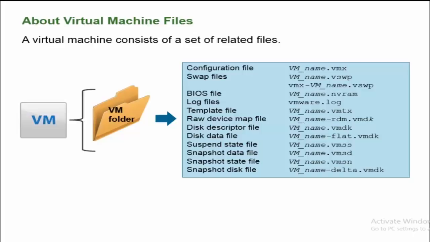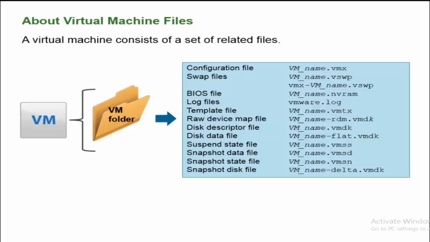These are some of the files that make up a virtual machine. When you create a virtual machine, a folder with the VM name gets created, as you can see, the VM folder, and this VM folder will then list out these files.